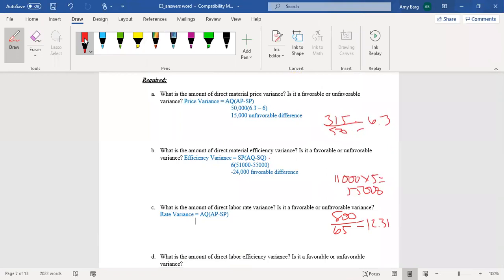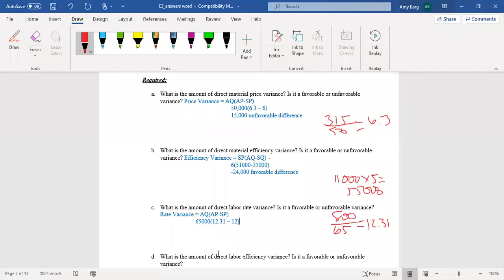So now we can take that actual quantity of 65,000 and compare it to the actual price. 12.31 is what you're paying them for each hour? Yes. That's what we actually paid them. We were only supposed to pay them $12 an hour though.